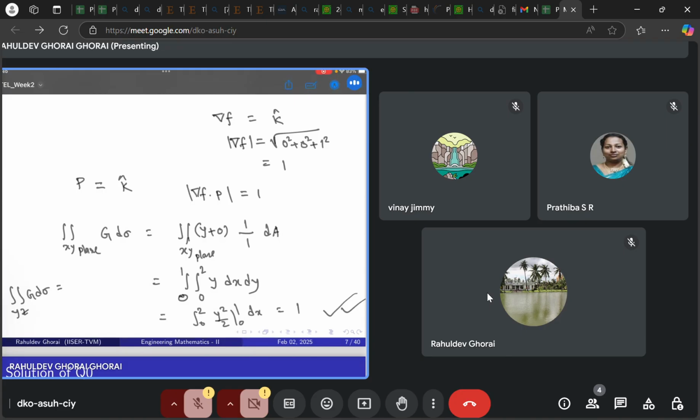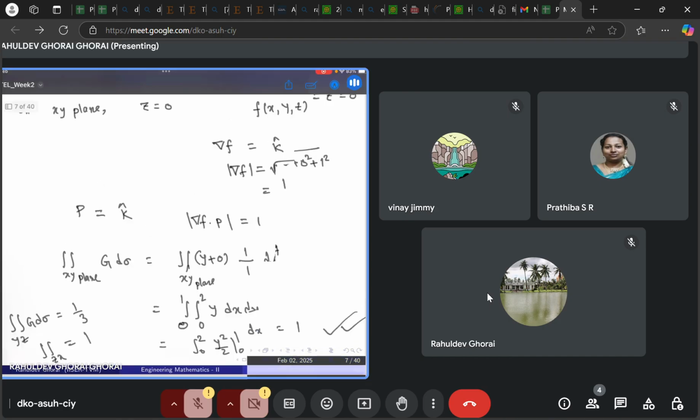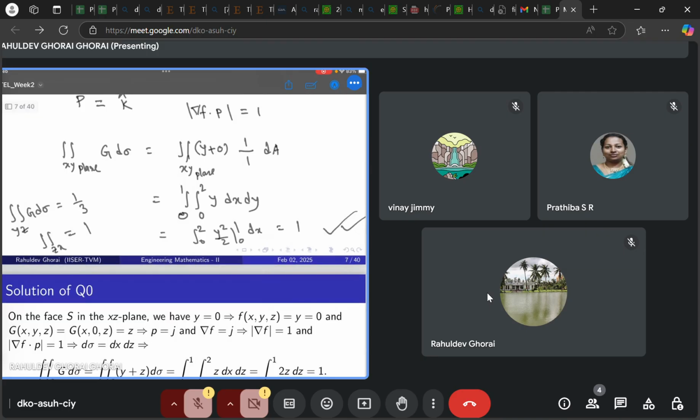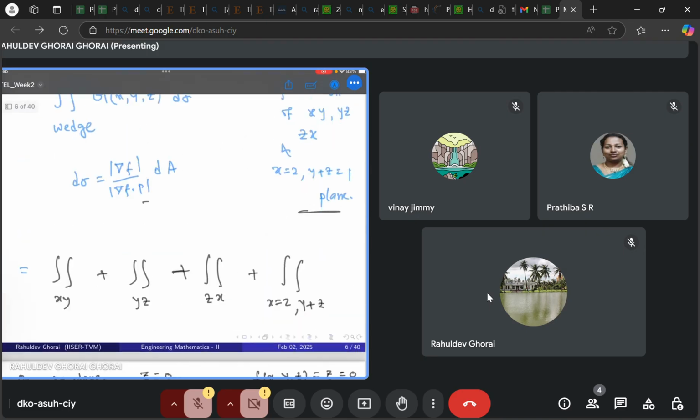Like that, you will see on the yz plane it will be 1 over 3. And over the zx plane, it will again be 1. And the last one you need to find is on the plane x equal to 2, y plus z equal to 1.